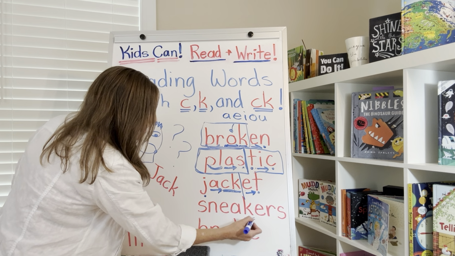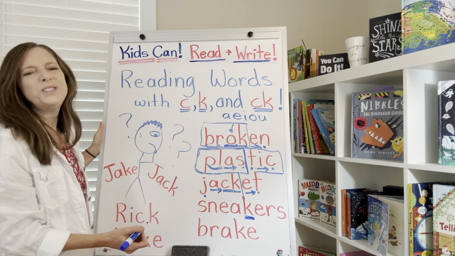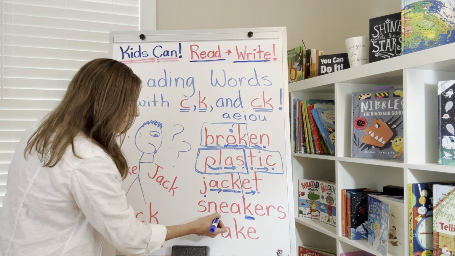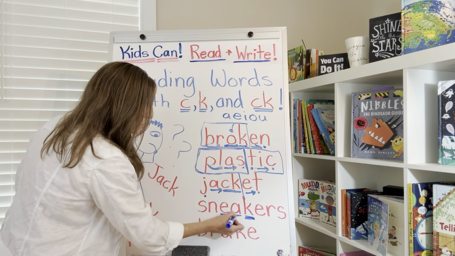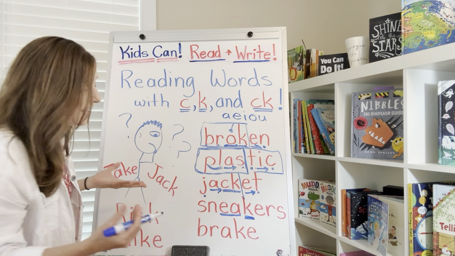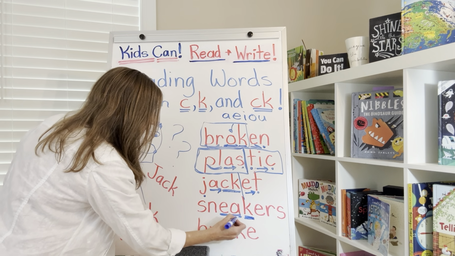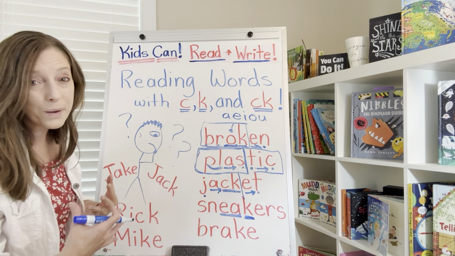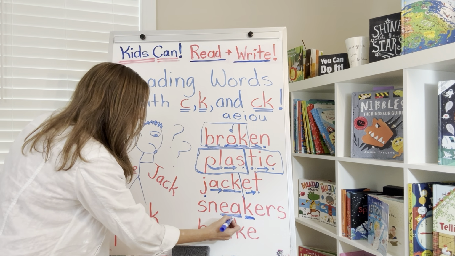Okay, jacket. All right, what about this one? Tell me, what do you remember? Why are we using a K there? We're not going to make this one say its name because it's a two vowels trick. EA either says long E or it says short E. Usually it says long E, so we're going to start with that. If that doesn't sound right, we can try it the other way, but start with the two vowels way.